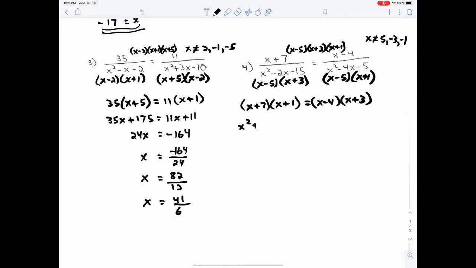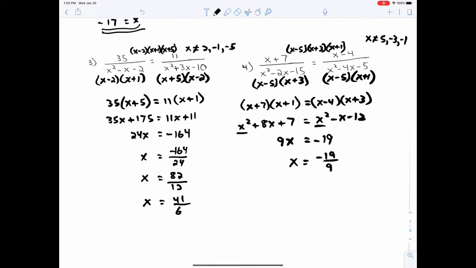X squared plus 8x plus 7 equals x squared minus x minus 12. Okay, so the x squareds subtract. They go away. So I'll bring the negative x over to the left-hand side, and that gives us 9x. I'll bring the 7 over to the right-hand side. That gives us negative 19, and x equals negative 19/9.